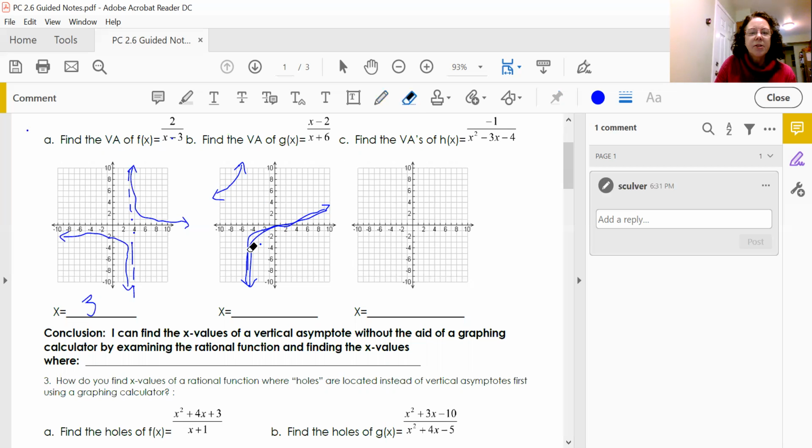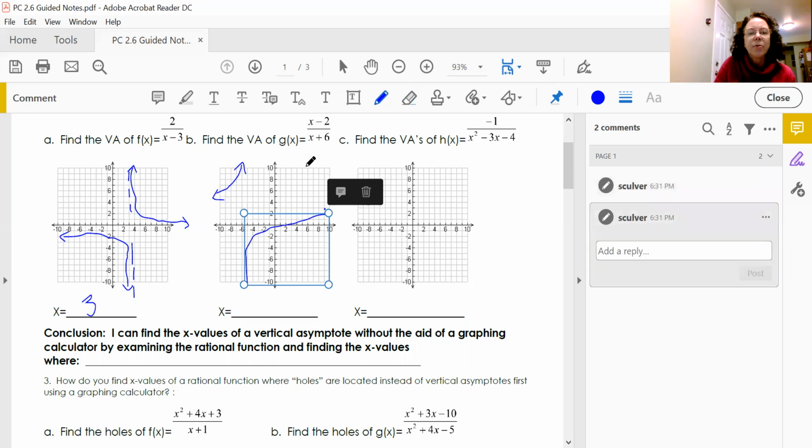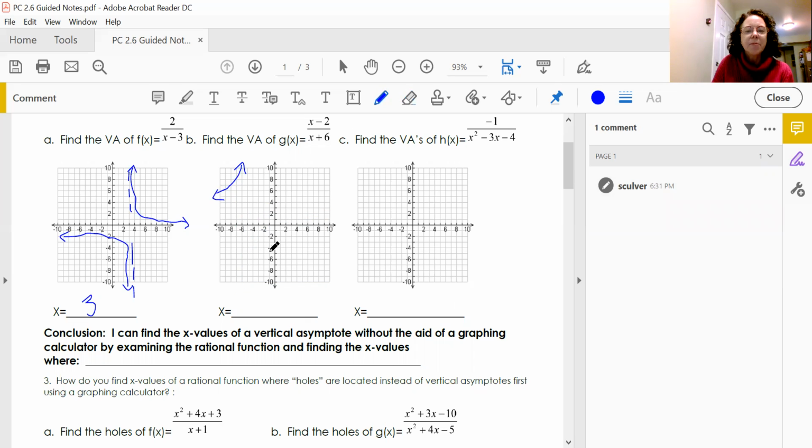There we go. Let's try this again. Oh gosh, that's so much better. Oh well. If you look, the graph seems to be going vertical at x equals negative 6.